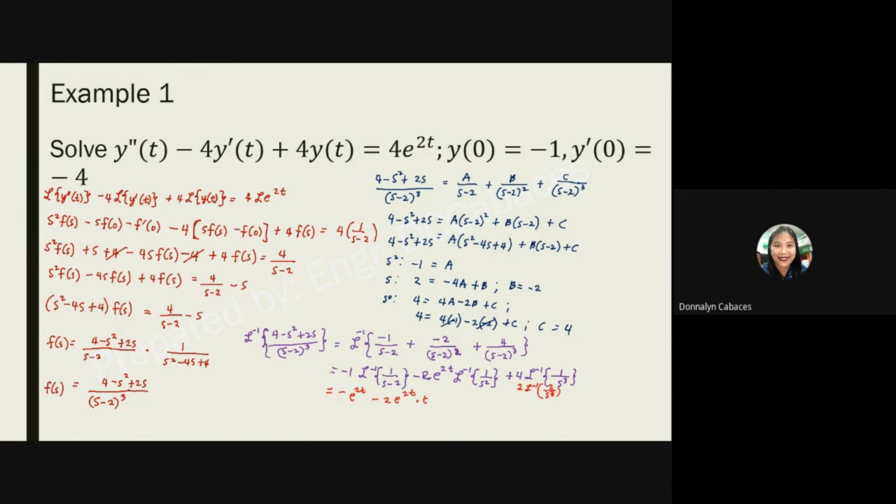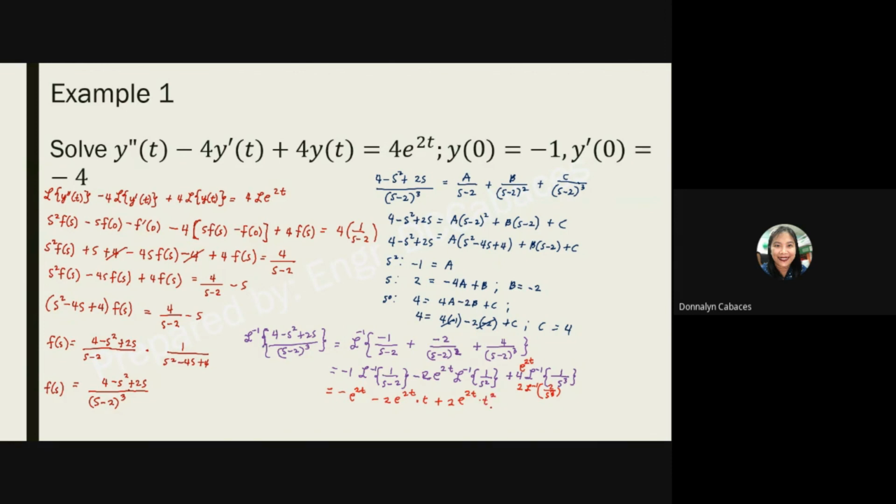So plus 2 e, I forgot here the e to the 2t, e to the 2t by the first shifting theorem. 2 e to the 2t, and then the inverse Laplace of 2 over s cubed is t squared.